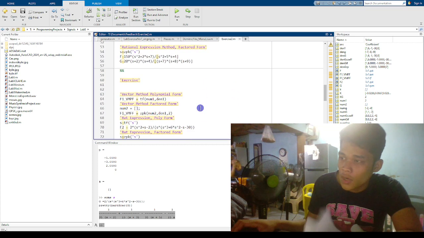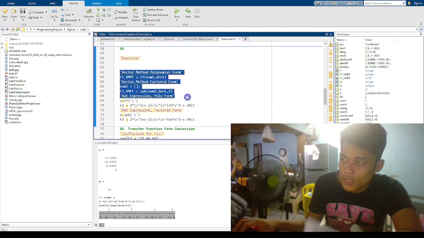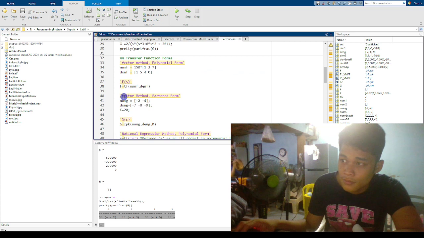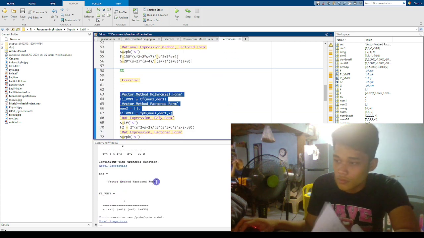For the next part, we then proceed to expressing this transfer function. One way is by using the vector method. The vector method will simply take the values of your numerator and denominator, which are the coefficients respectively.